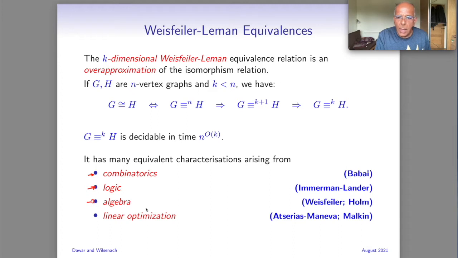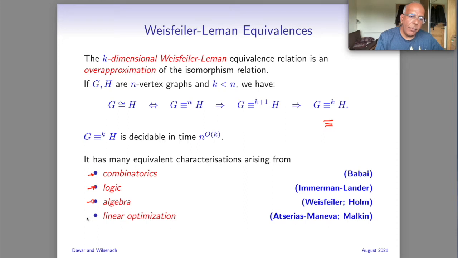In algebra, the original definition by Weisfeiler and Leman, in fact, was in terms of what are called coherent algebras, but that was for the equivalence relation that we now call the two-dimensional Weisfeiler-Leman, or equivalence in C3. The generalization to k dimensions is really this sort of combinatorial interpretation due to Babai. And Holmes showed how to generalize the coherent algebra formulation, the original one of Weisfeiler, to arbitrary dimensions as well.